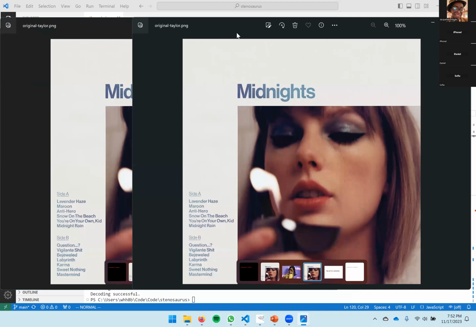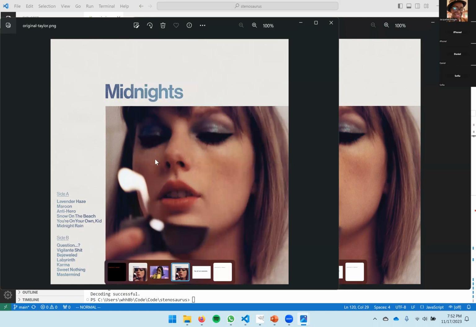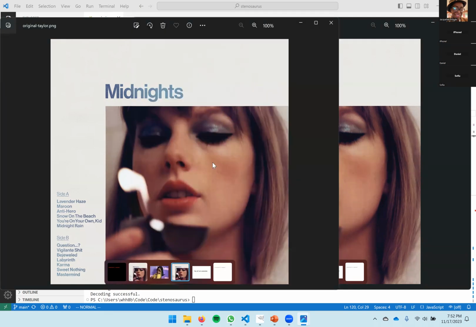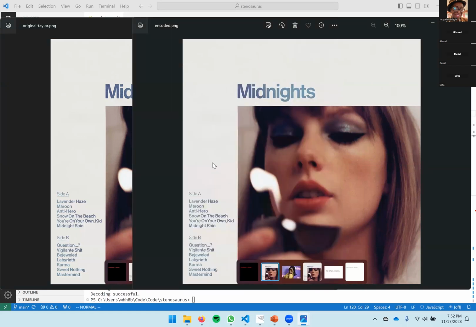So let's look at this. This is the encoded one. There's a secret message in this one. And this is the original one, and there's no message in here. So look at this. I don't see any difference. Do you? I mean, honestly, I can't.